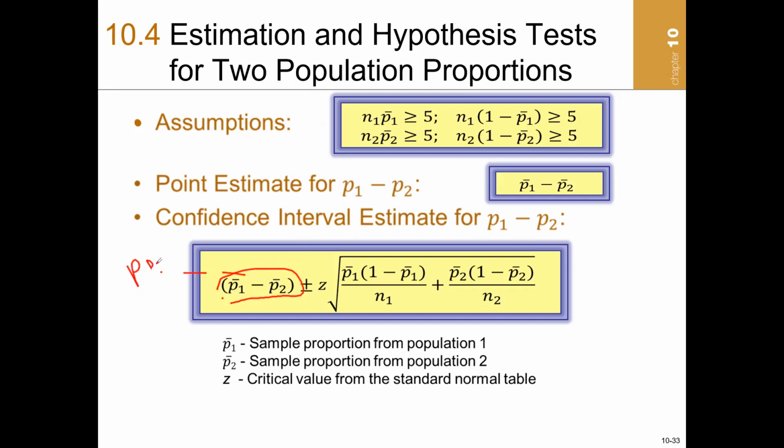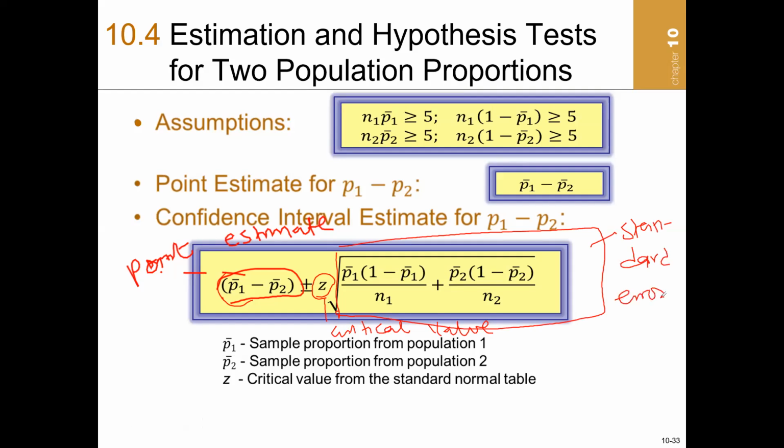This is the point estimate, this is the critical value, and then everything here is the standard error.